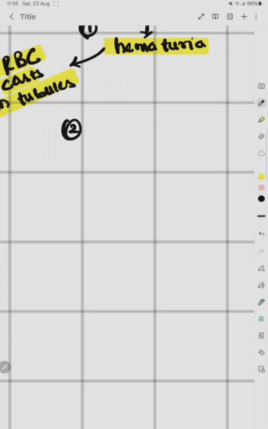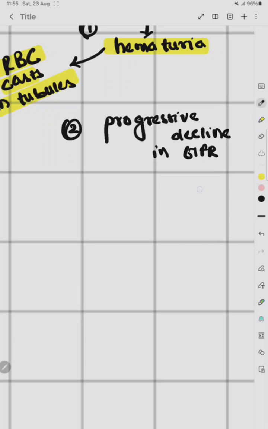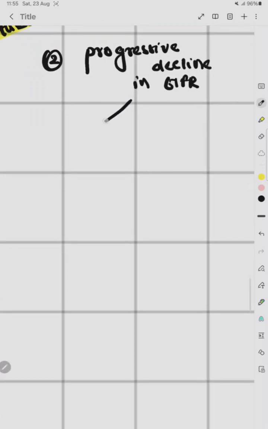Because the glomerulus is injured or inflamed, there will be a progressive decline in GFR. Now that will lead to azotemia.